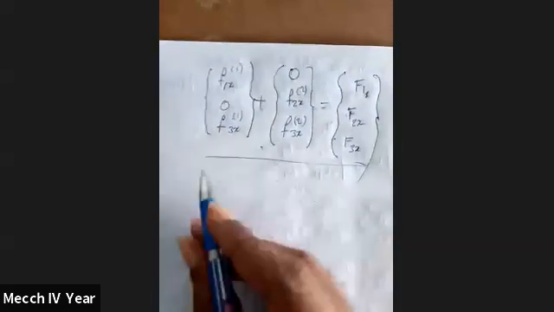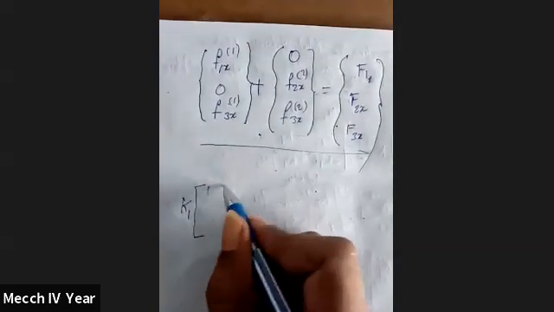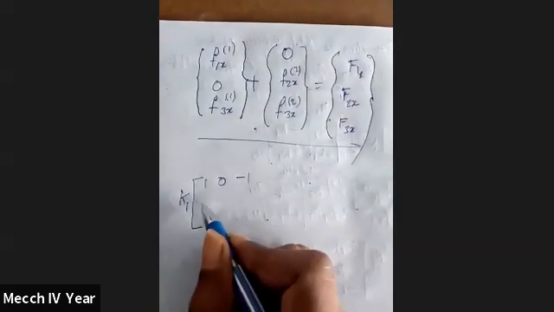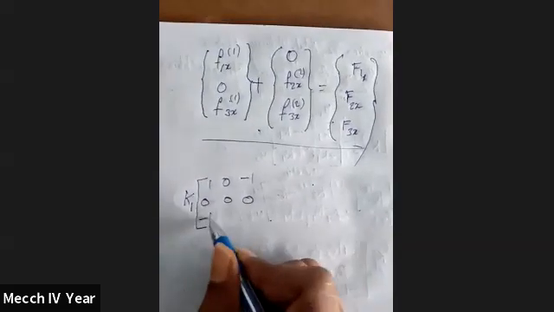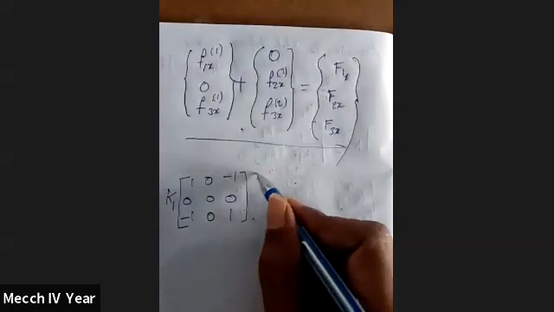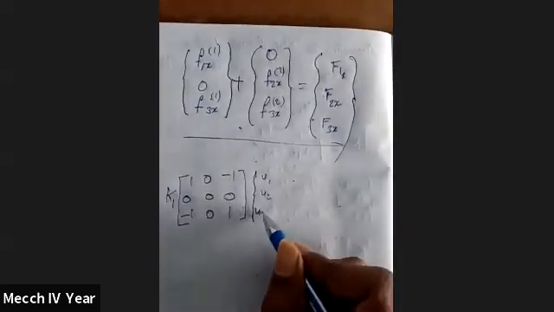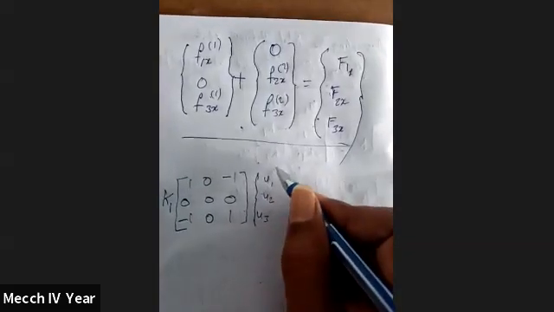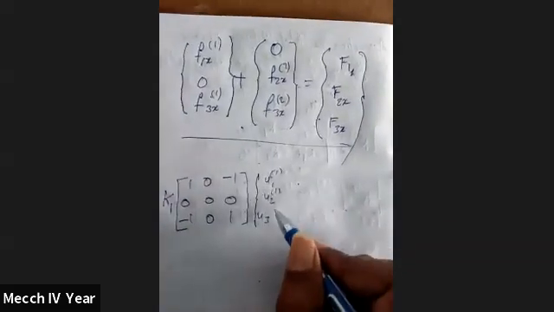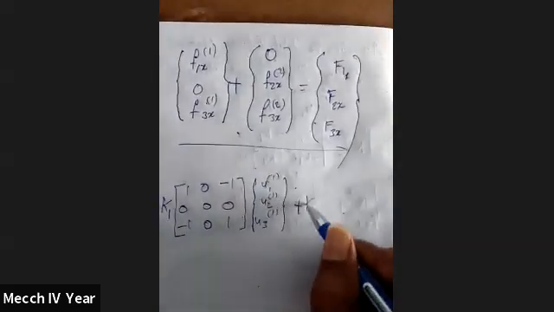Now here we are going to see this one. I am going to simplify k1 into 1 0 minus 1, 0 0 0, minus 1 0 1, and then u1 u2 u3, the first element. So that is plus k2.